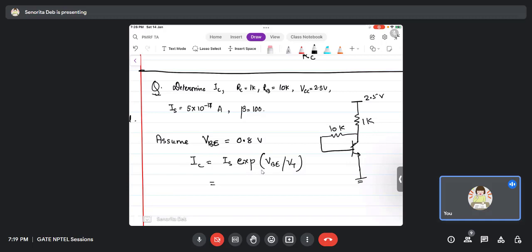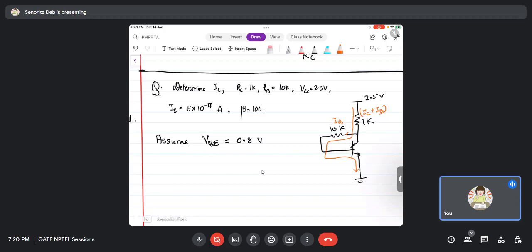Okay, so just 1 second, I made a mistake. When we assume VB, we don't use the exponential term directly. After assuming VB, I have these values, right? So I can apply a KVL here. This is IC plus IB and this is IB.